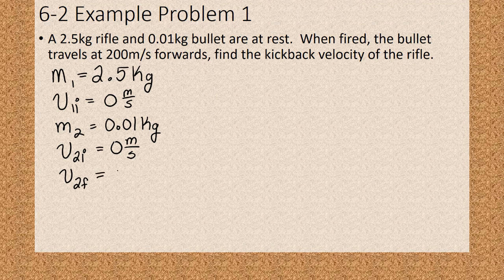Now, v2 final is 200 meters per second, and we're looking for v1 final. Going to our equation, just copying it down from where we had before.